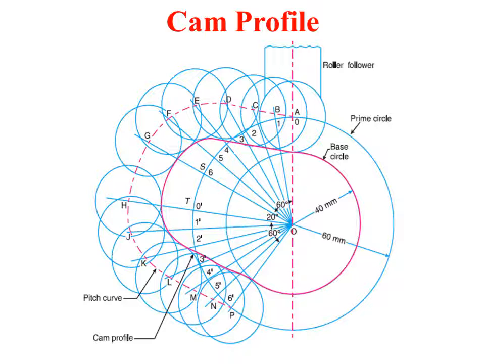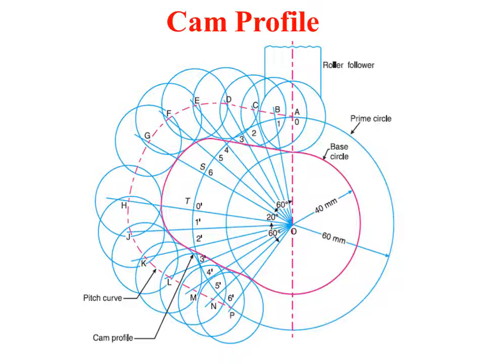With 2 as center, cut an arc, that is C. Same way we have to mark different points D, E, F, G, H, I up to P. Once that has been done, join all the arcs with a smooth dotted curve and connect it to the prime circle. So this dotted curve is called the pitch curve.